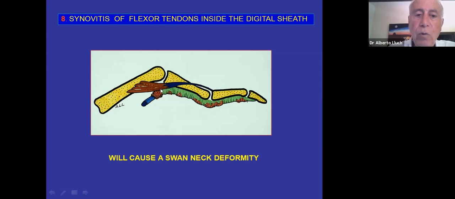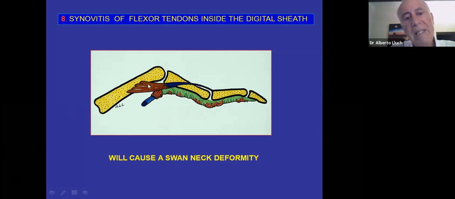And then what will she do? She will use the intrinsic muscles. Intrinsic muscles will be very helpful to her because she will flex the MP joints that we said before were very important for the function of the finger, and she will flex the MP joints without pain.